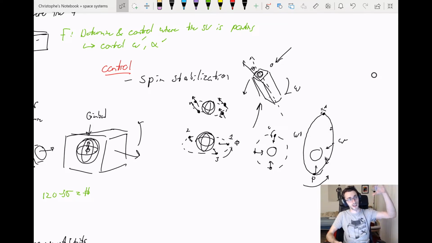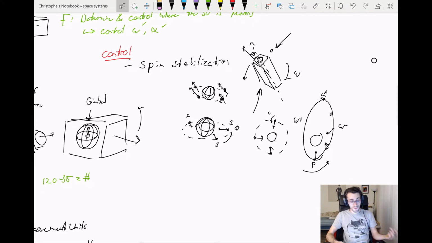They want to be looking at the North Pole as much as possible, and the way they do that is they have eccentric orbits that slow them down while they're right above the North Pole or the South Pole, so they can take a really nice long look at the polar ice caps. But spin stabilization doesn't do that, because it's going to be looking in the same vector no matter what.